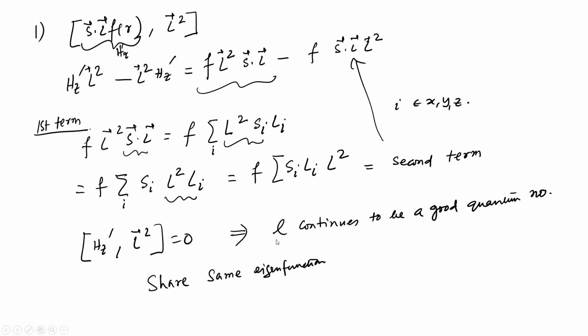All right. So, that is at least some property that helps us, because we need to know what is the eigenfunction, or what is the appropriate basis for solving this problem. Okay. So, 2 is that H_z prime does not connect, and I am going to prove that, states which have different L values.